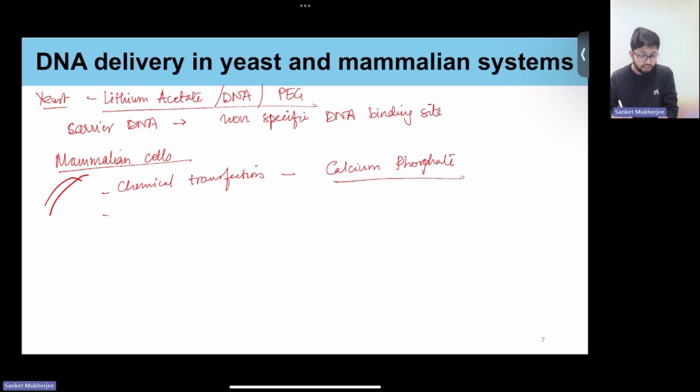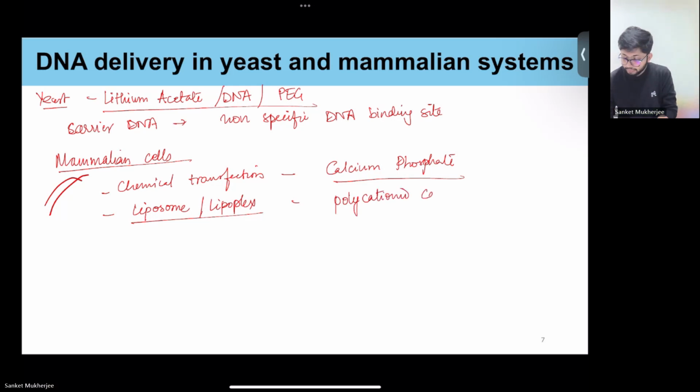little bit difficult. Talking about liposome or lipoplex methods, these are polycationic carbohydrates, polyamines, stuff like that.